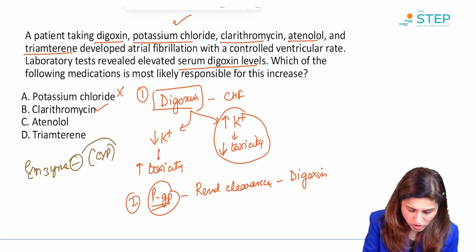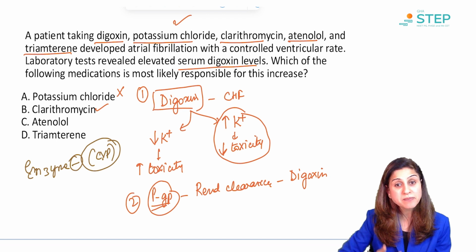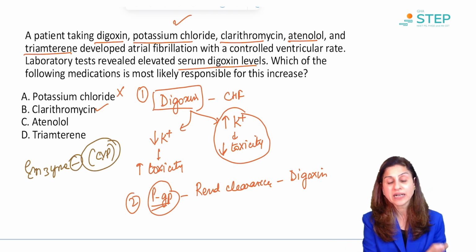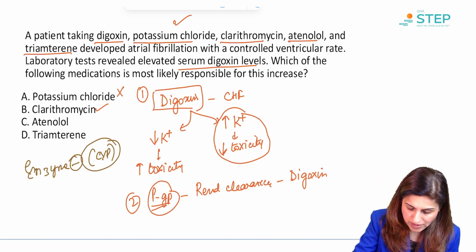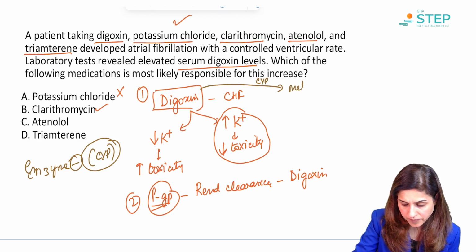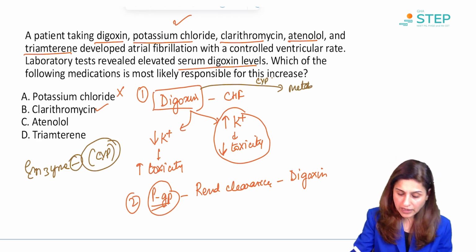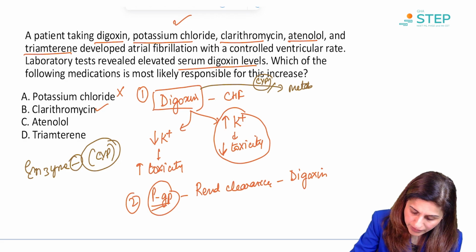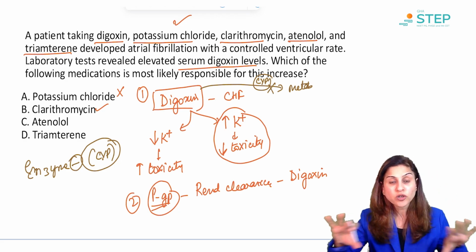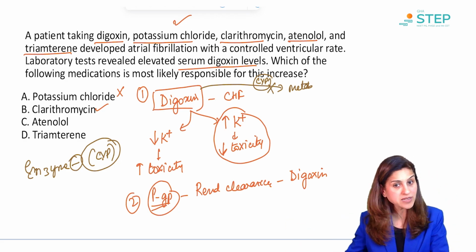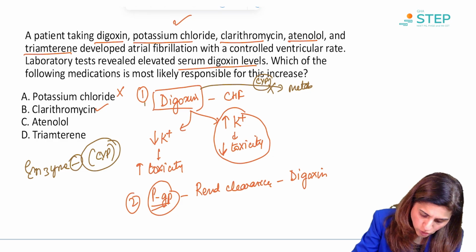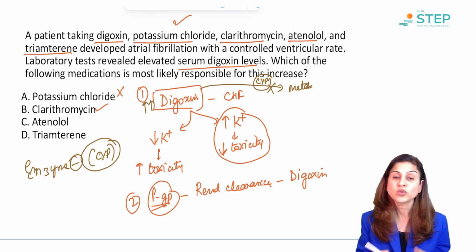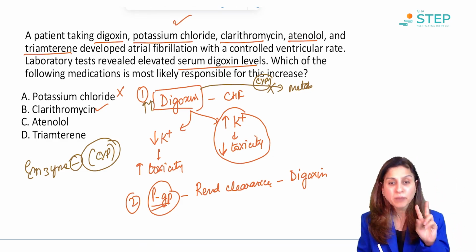That is one. So digoxin's metabolism is getting affected here. Digoxin is being metabolized by CYP, right? But if you are giving an enzyme inhibitor here, then digoxin is not going to get metabolized as fast as it was going. So the levels of digoxin are going to be high. So it can lead to toxicity.